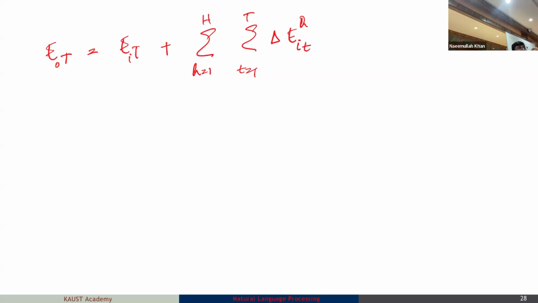So essentially, the embedding of each token in each head is creating a small change for the output embedding, and you are just adding all of it up.